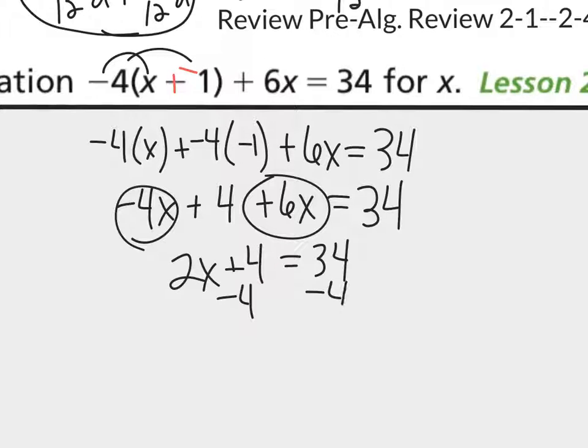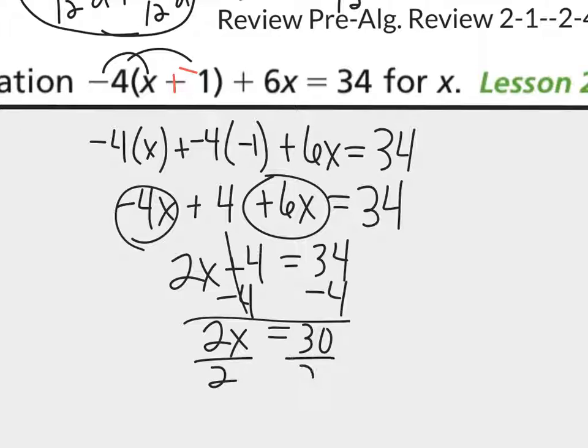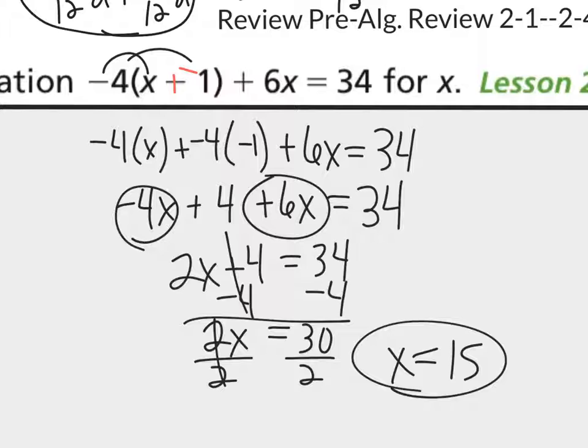And then we can get our variable on the other side, or our constant on the other side rather. They're multiplying, so we divide. And that would be x equals 15.